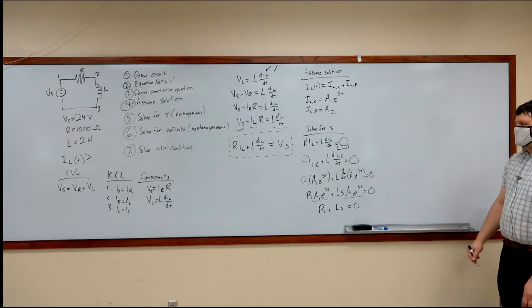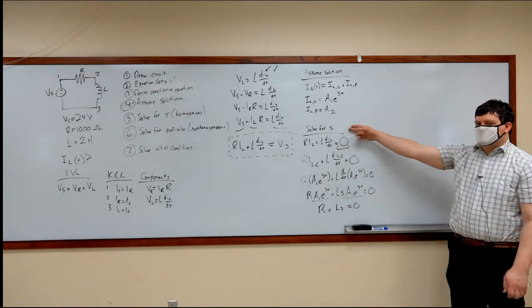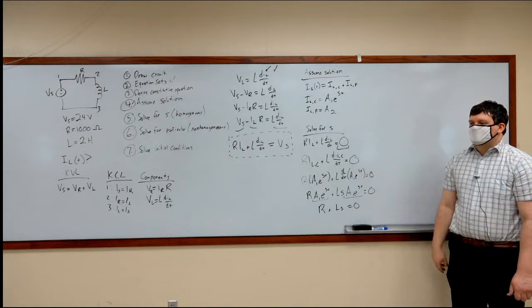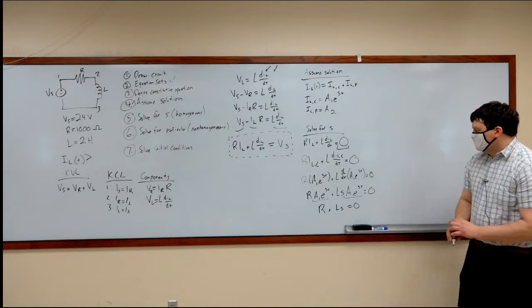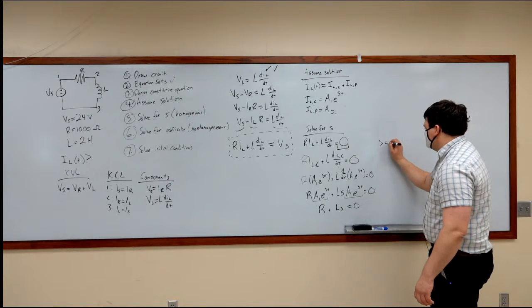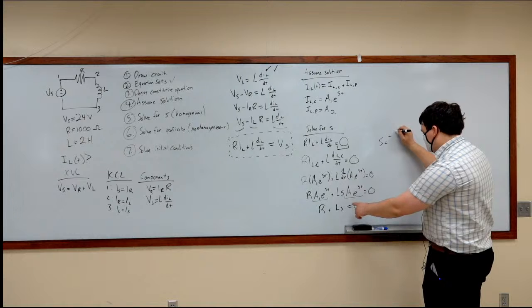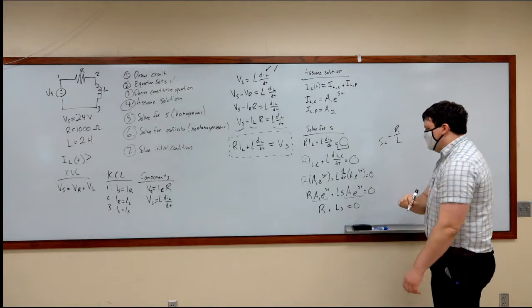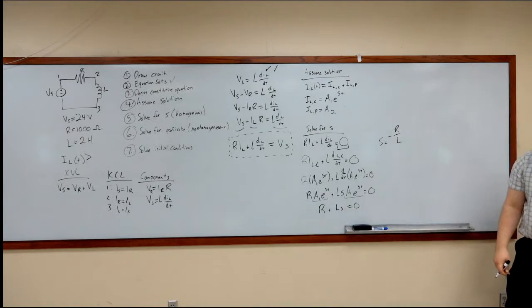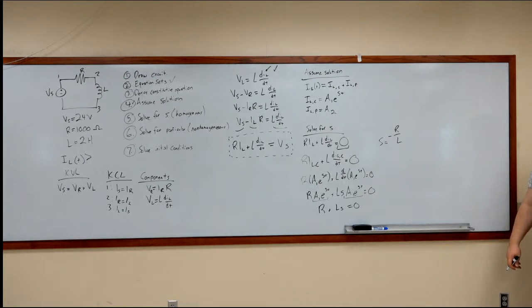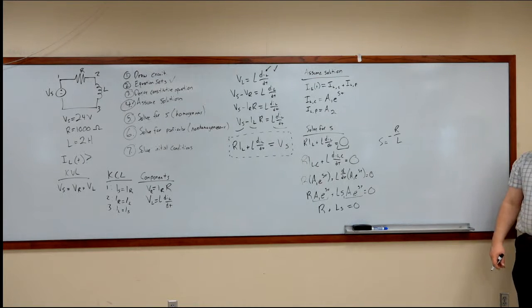When we're solving for s, which, by the way, is the title of this step, what we get is s is equal to negative R over L. Okay, what is tau? What's the equation for tau?